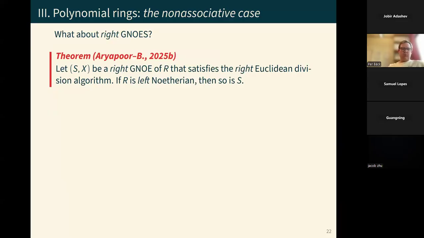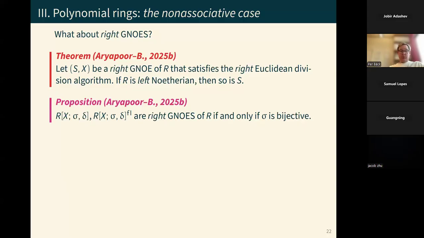So you swap left and right. If you have a right GNOE, it means it should be a free right R-module, so you can write the coefficients to the right and so on. And if this GNOE also satisfies the right Euclidean division algorithm, then you can lift the property of being left Noetherian.